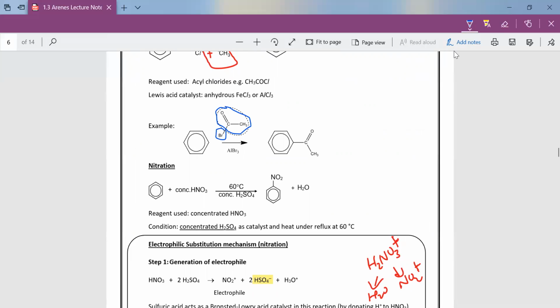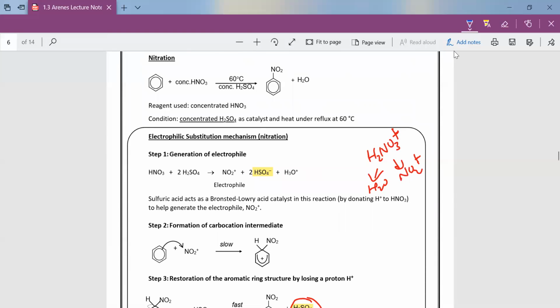That way, when you remove the halogen using a catalyst, you create a carbocation here, and that carbon will be attacked by the lone pair of electrons from the ring.